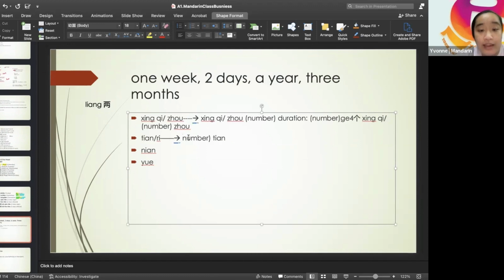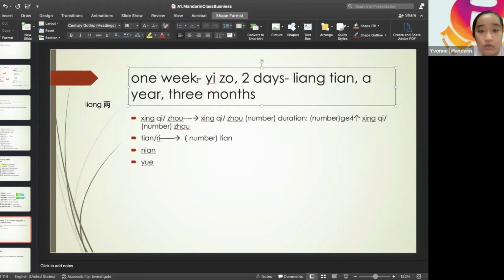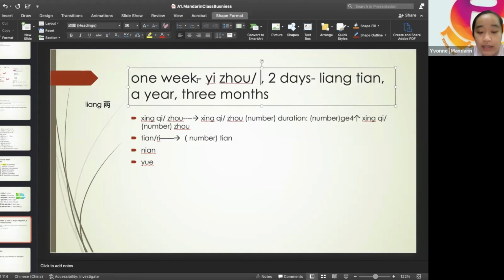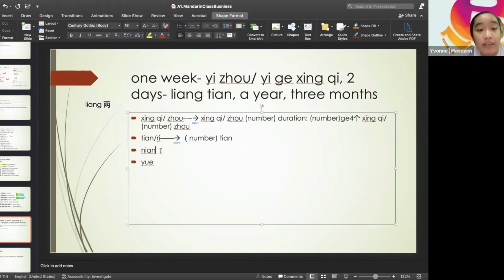For example, 2 days is 两天. 1 week is 一周 or 一个星期. This is 1 week, and this is 2 days.